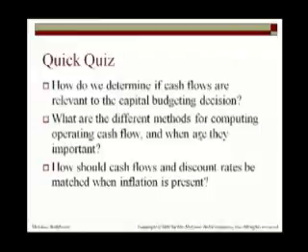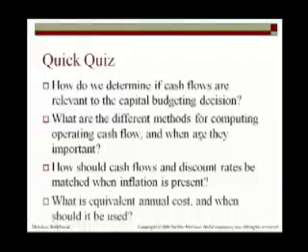You cannot mix real and nominal cash flows and try to use some rate. No rate will work. You have to use real rates for real cash flows and nominal rates for nominal cash flows. And we talked about equivalent annual cost. And the answer to when should it be used is this. It should be used whenever you have projects that are going to have to be repeated over and over and over. Okay, that's it.